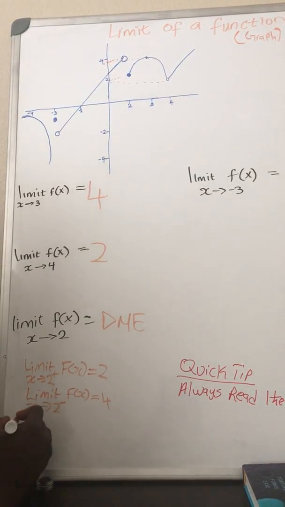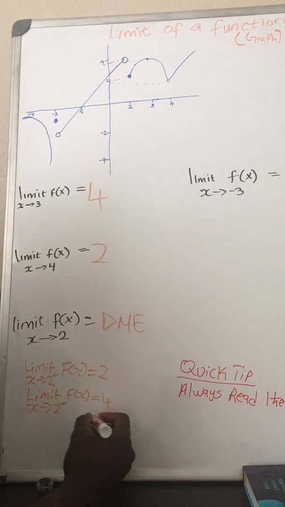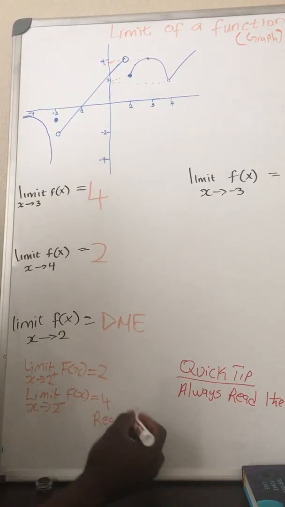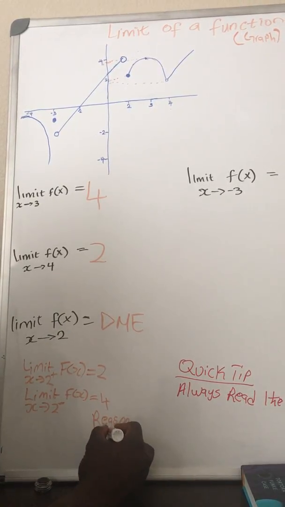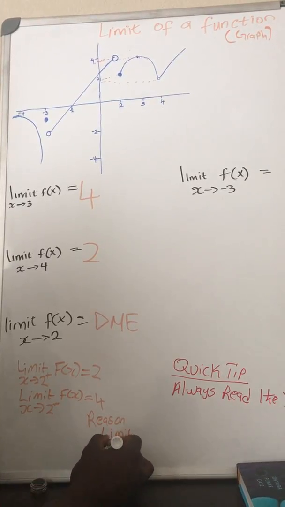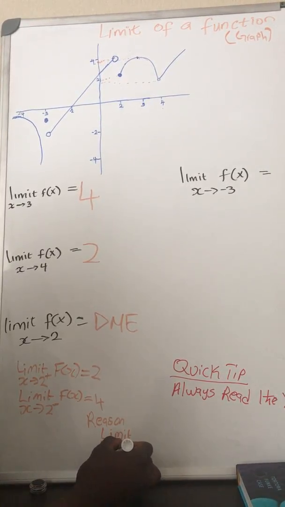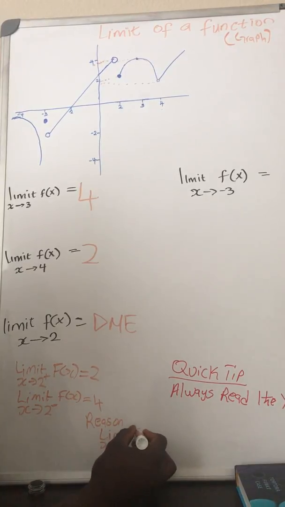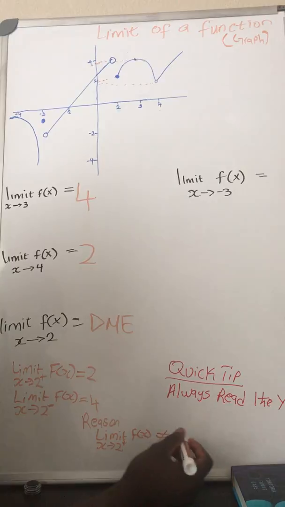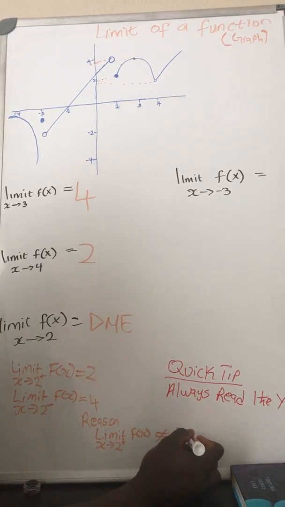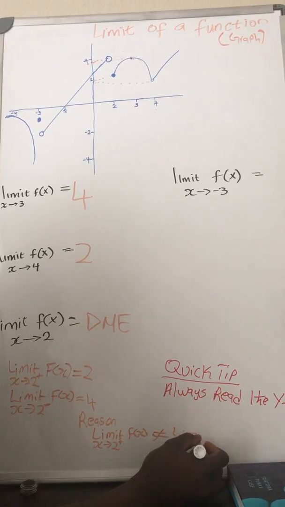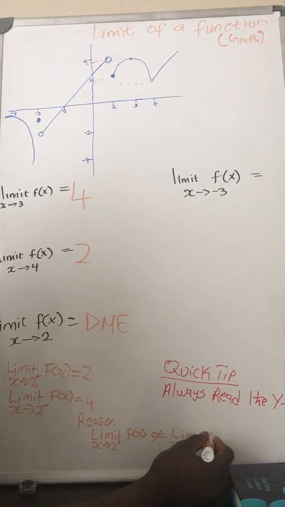So that's the first reason. Let me put the reason right here: the limit as x approaches 2 does not exist because the limit as x approaches 2 from the right of f of x is not equal to the limit as x approaches 2 from the left of f of x.